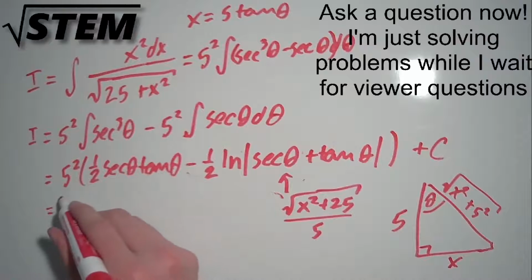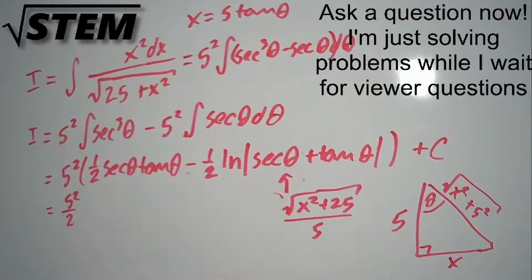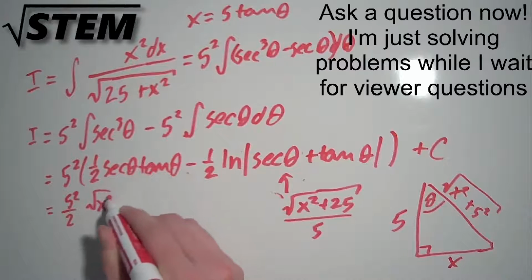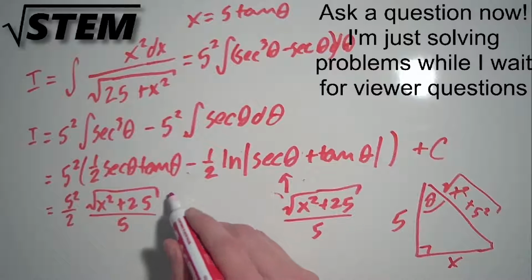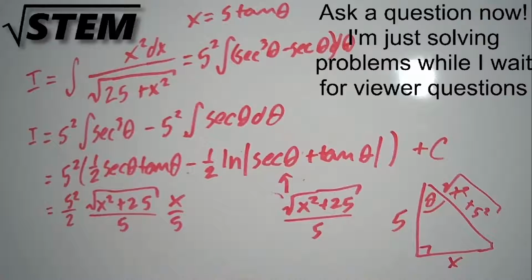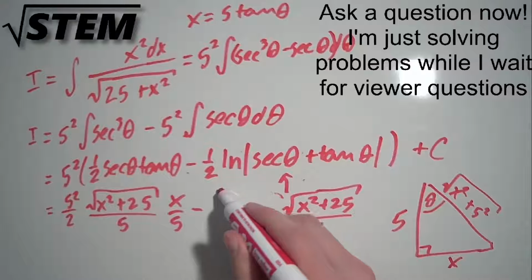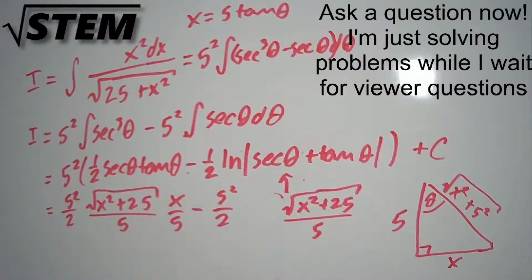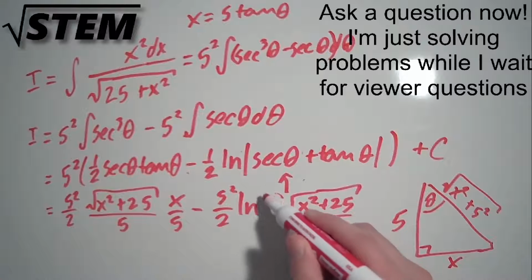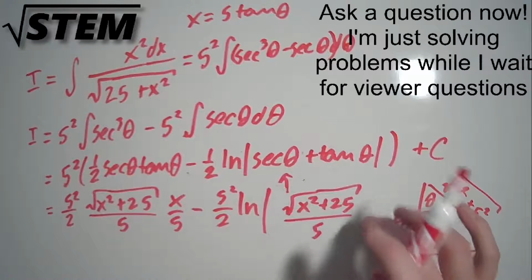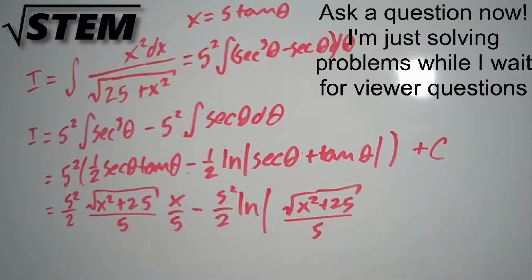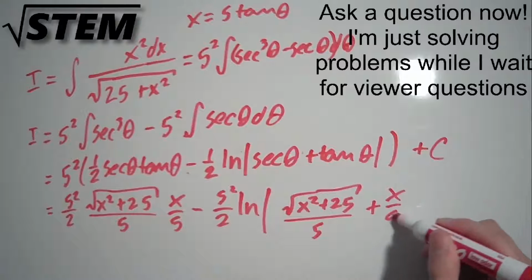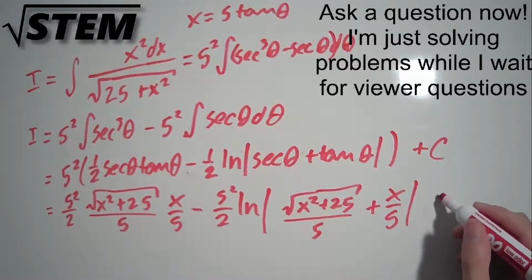This will be 5 squared over 2 times the secant times the tangent, that's x over 5, minus 5 squared over 2 times the natural log of the absolute value of secant plus tangent, that's the square root of x squared plus 25 over 5 plus x over 5, plus c.